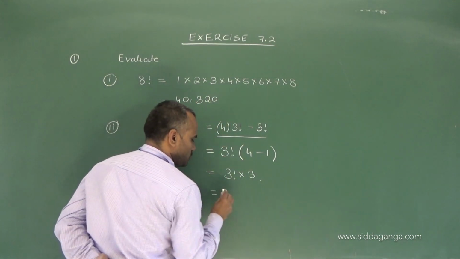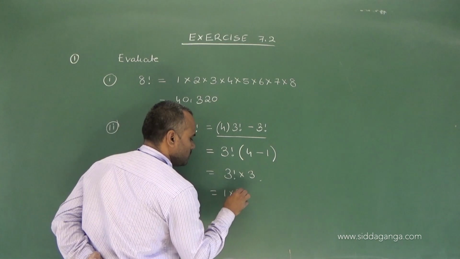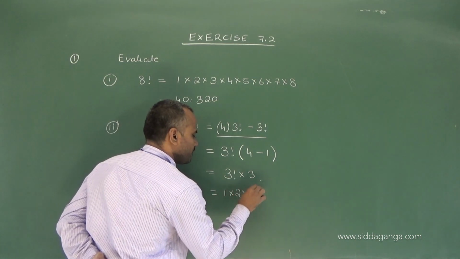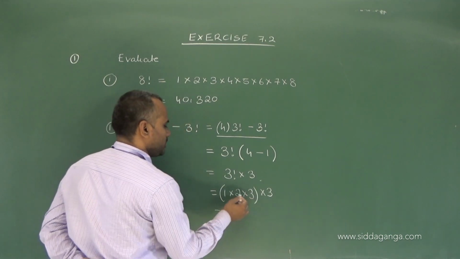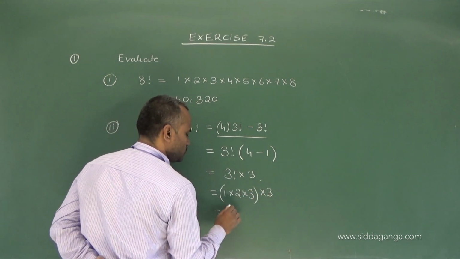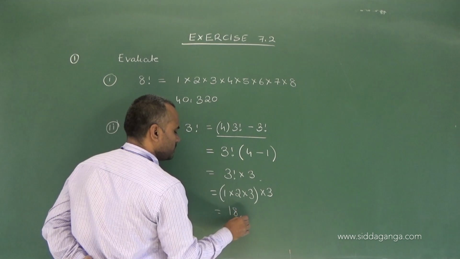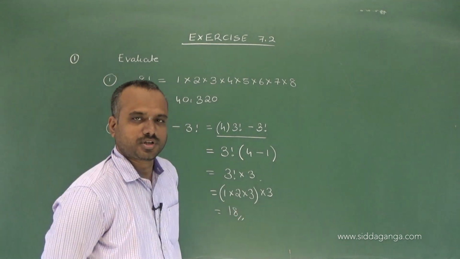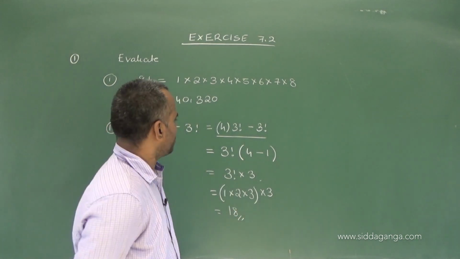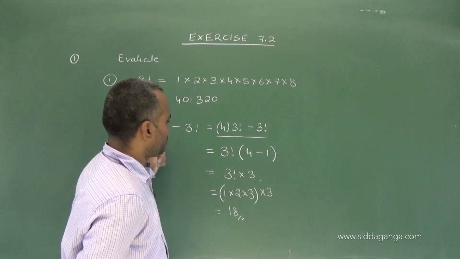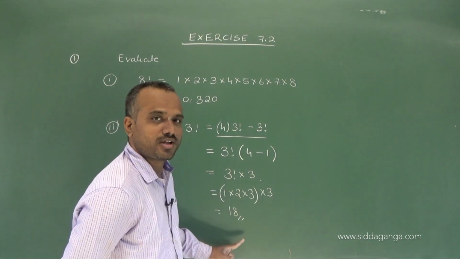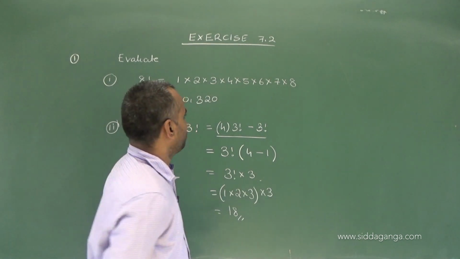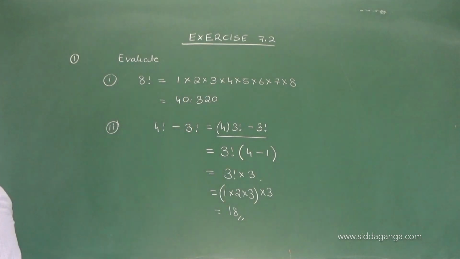So 3 factorial is 1 into 2 into 3, that is 6, into 3. 6 into 3 is 18. Correct? You can solve this in another method also. 4 factorial minus 3 factorial is 18. Okay, the first problem is over.